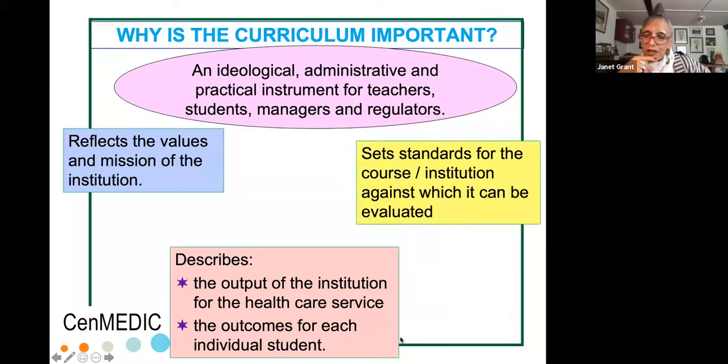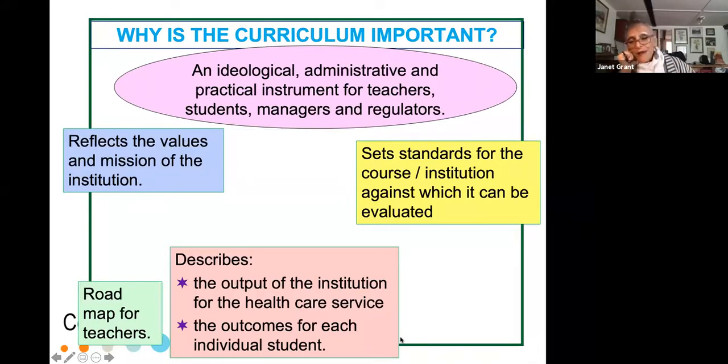And there is actually no evidence that students ever look at the curriculum, or indeed that most people in the school ever look at the curriculum. It should set standards for the course and for the institution against which it can be evaluated. So it's a quality assurance instrument as well.